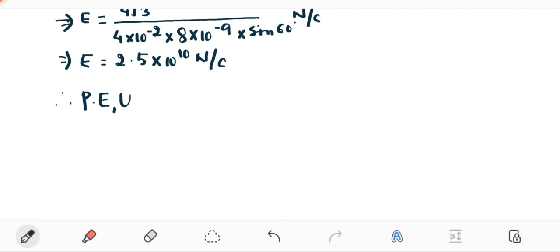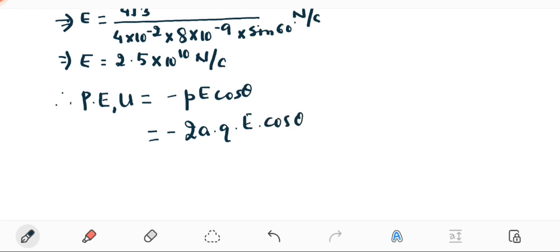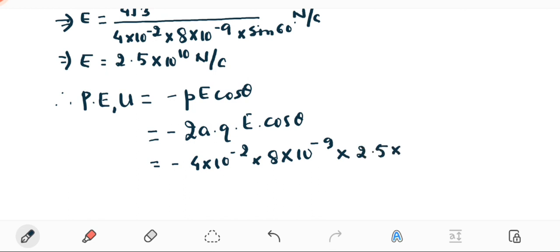potential energy U is equal to minus P E cos theta, which is equal to minus 2a into q into E into cos theta, which is equal to minus: 2a value is 4 into 10 to the power minus 2, into q value is 8 into 10 to the power minus 9, into E value is 2.5 into 10 to the power 10, into cos theta value is, of course, we have taken it as 60 degree.